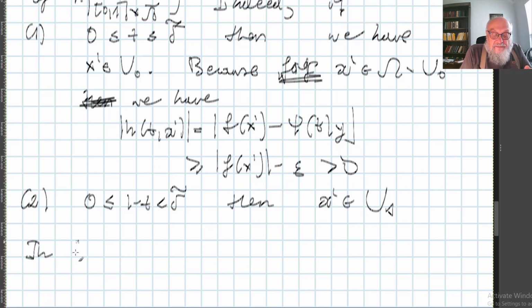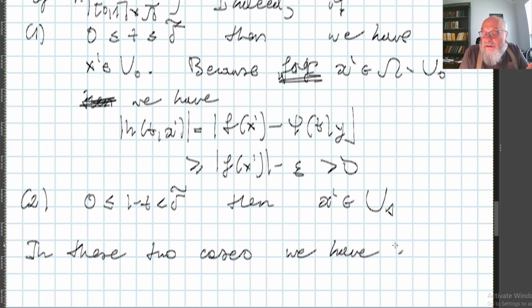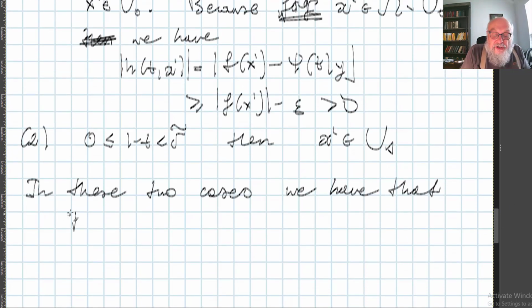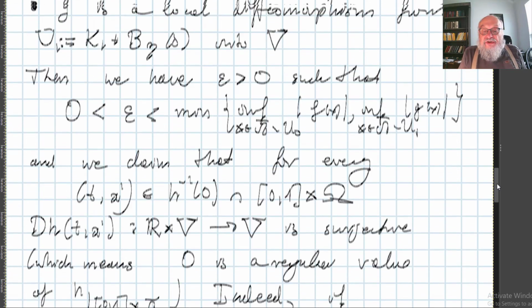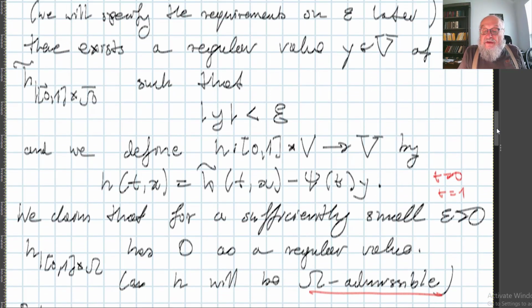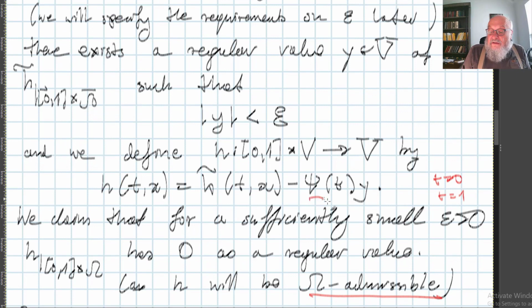In these two cases, we have that the derivative with respect to x of h t x prime, so I just take one partial derivative with respect to x, and look, the definition of the function is here. So you see, there are no x in this part, so the partial derivative with respect to x is 0.